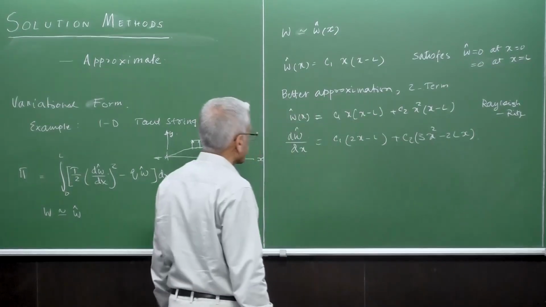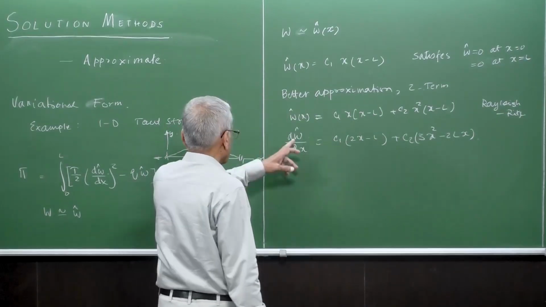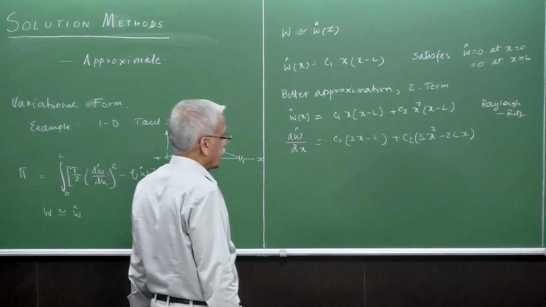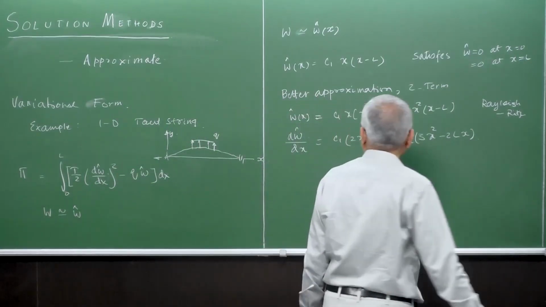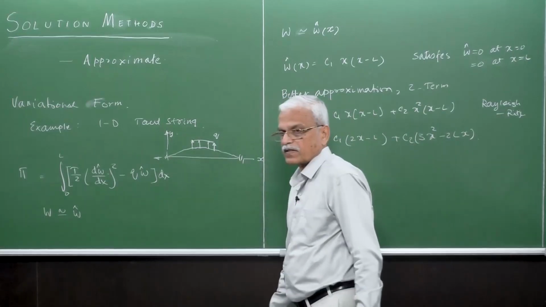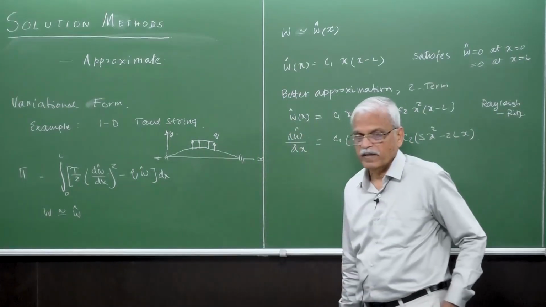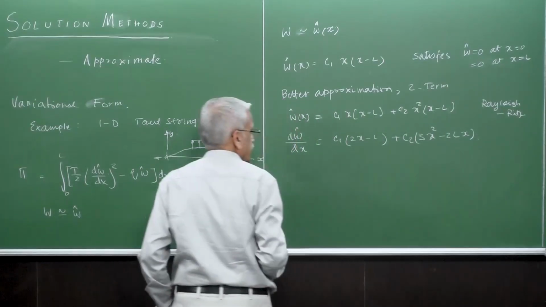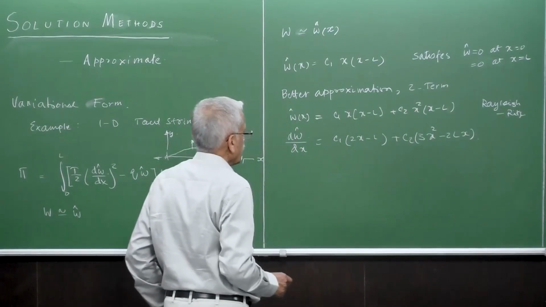So this is the first derivative of w hat, and of course q is the load. Okay, so q can be any function of x, or for that matter you can also take q to be constant if there is a continuously distributed, uniformly distributed load.